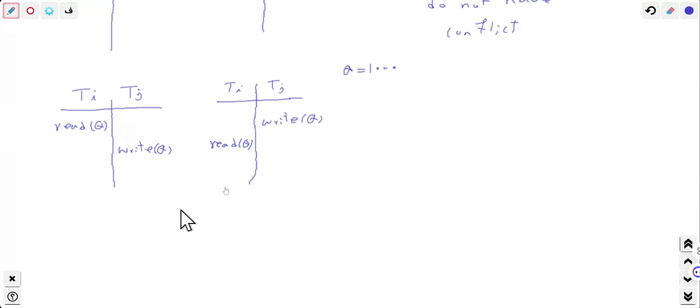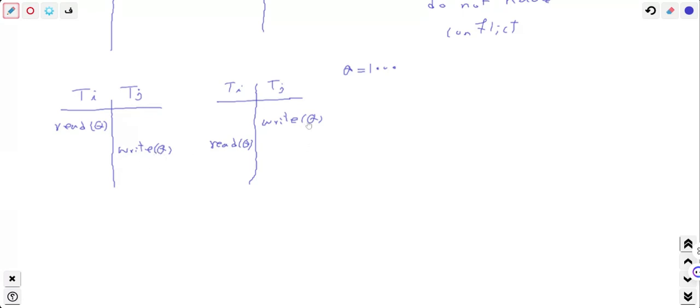Yes, thank you. They differ from each other because on the left side, Ti does not read the value that Tj writes, because the write of Tj is executed after the read. So this read operation does not see the effect of this write.